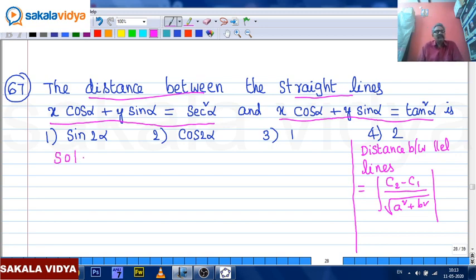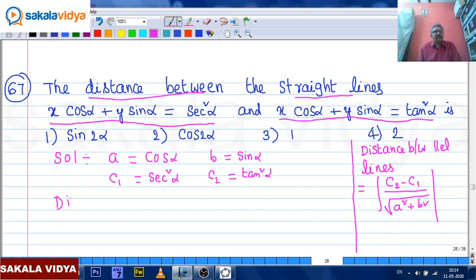Solution. Here a is cos alpha, b is sin alpha, c1 is secant square alpha, c2 is tan square alpha.